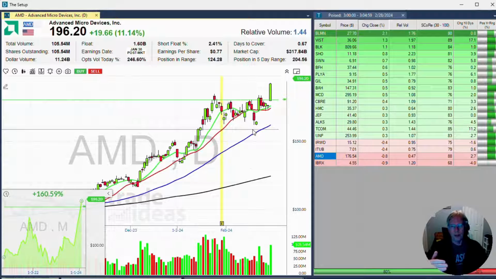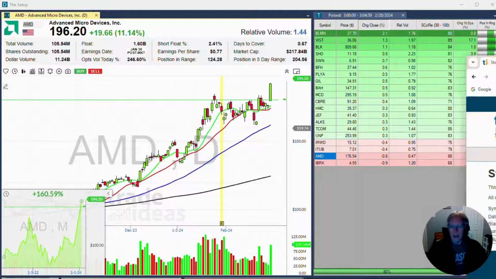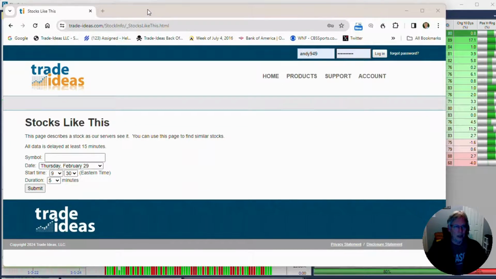It was my biggest winner, and I remember the day I caught that. I wanted to see what filters would fit this configuration that would show me more stocks like this in the future. Trade Ideas has a cool little thing called Stocks Like This. You can actually Google it and look it up.